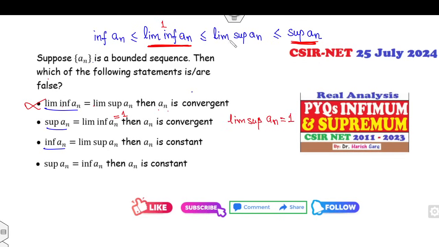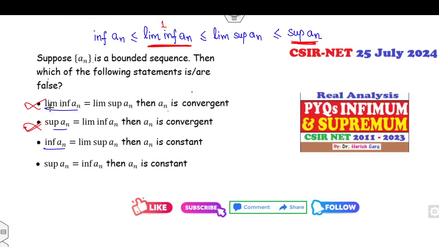That means limit infimum and limit supremum are both equal. Once they are equal, the limit of an exists, and once the limit exists, an is convergent. So that's a correct option, but again, we need a false statement.